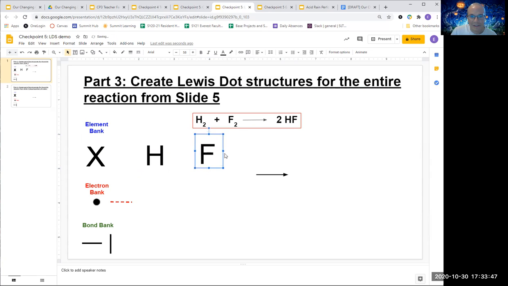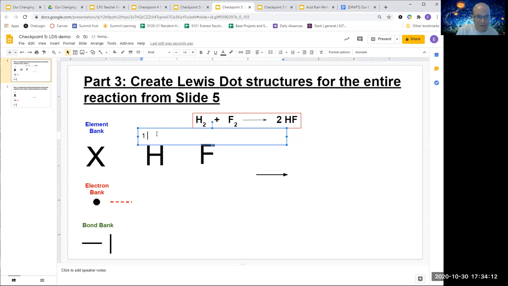Now, the next step is to make Lewis models of these atoms. If you've done checkpoints 3 and 4, you've already done this, and hopefully you're starting to get comfortable with it. If you remember, our Lewis model shows the number of valence electrons that we have. As a reminder, hydrogen here only has 1 valence electron, which I'm going to abbreviate VE.